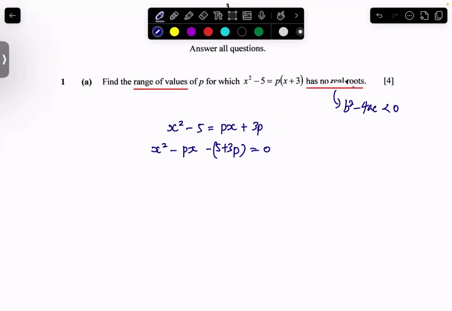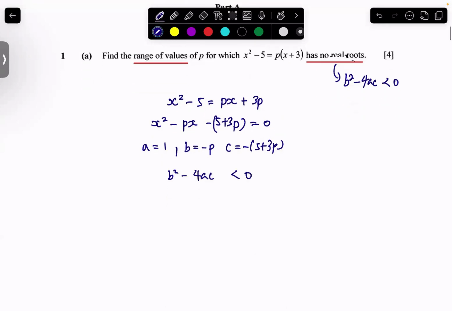Since a equals 1, b equals negative p, and c equals negative 5 plus 3p, b square minus 4ac must be less than 0. So negative p square minus 4(1)(negative 5 plus 3p) must be less than 0.